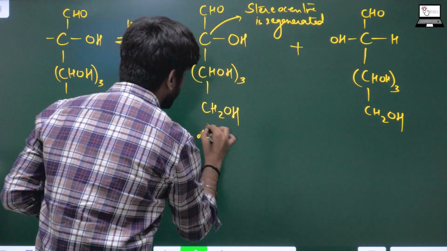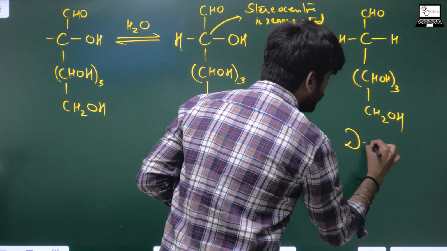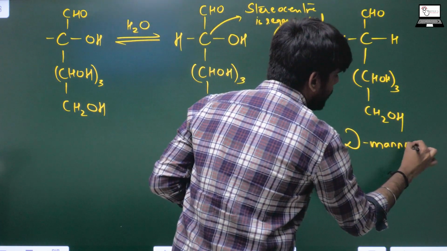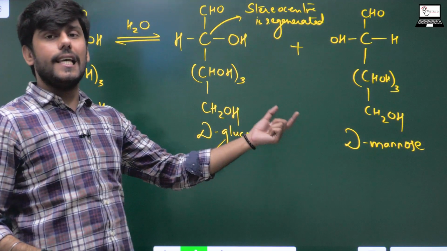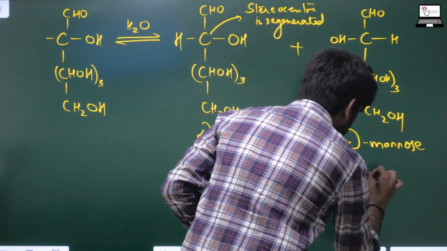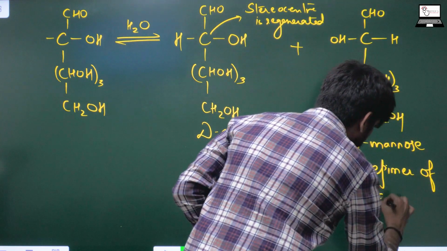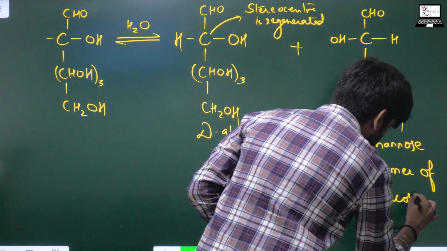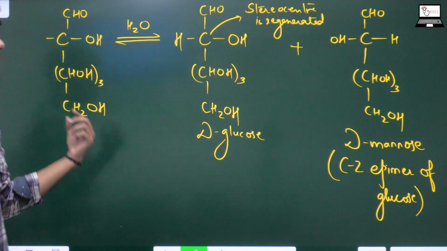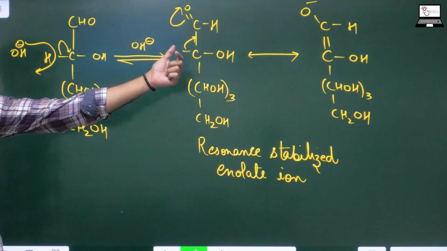So this is your D-glucose and this is your D-mannose. D-mannose is the C2 epimer of D-glucose.